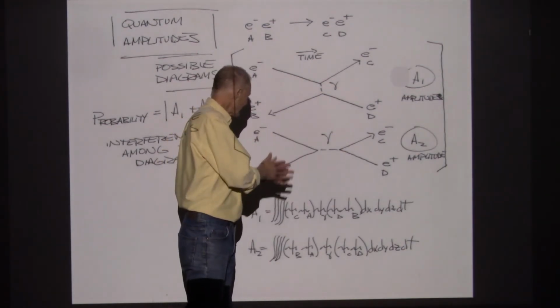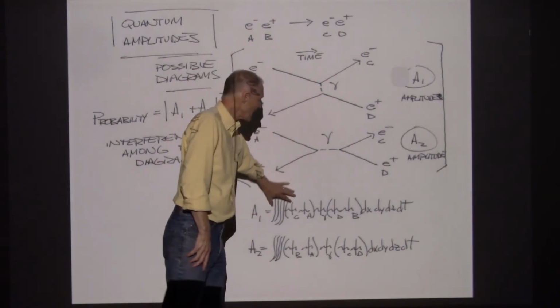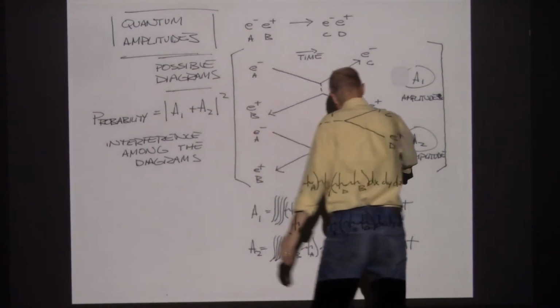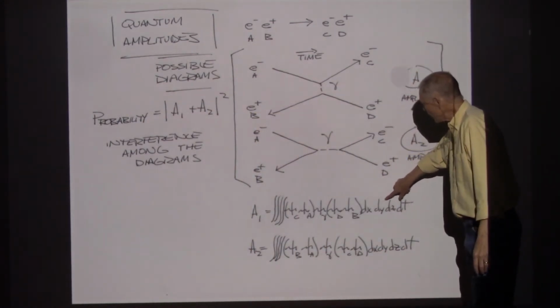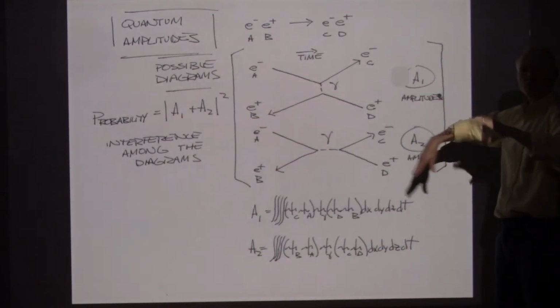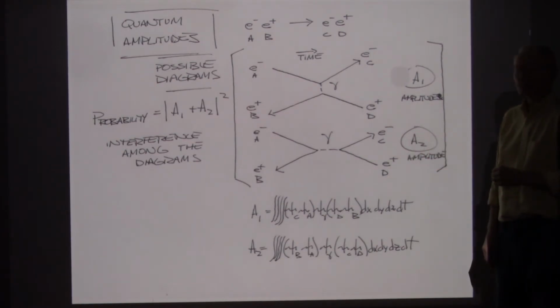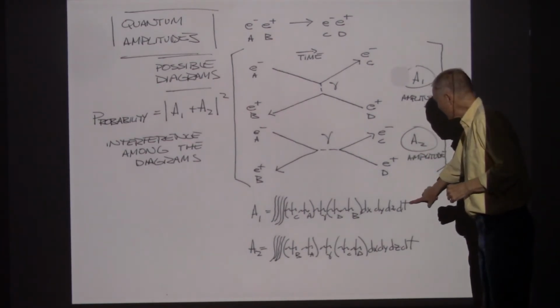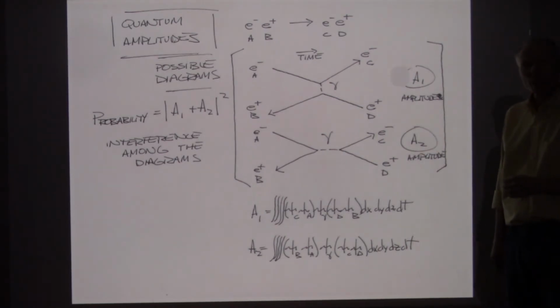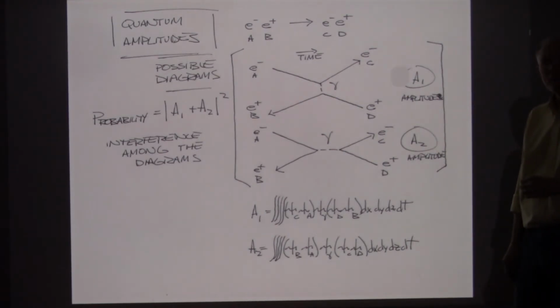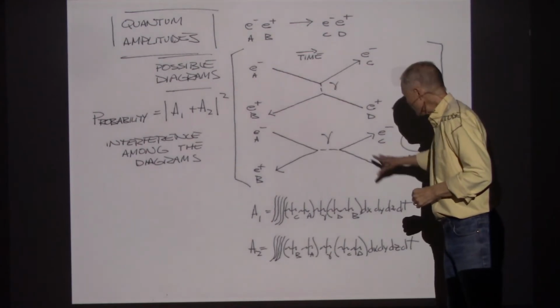We pack them all together inside an integration sign. We integrate over x, y, and z, over all possible locations where the reaction could have happened, and over all possible times at which the reaction could have happened. We calculate all that stuff.